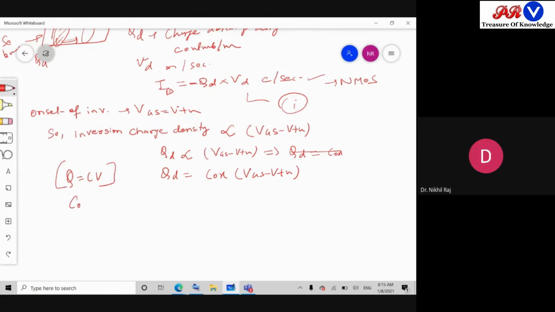Cox is the oxide capacitance, which is given by epsilon ox by Tox, and it is per unit area. So to counterbalance, we will multiply with the dimension W. So what will the coulomb become? It will become coulomb per meter. So this is the QD charge in the channel when the VGS voltage is more than the threshold voltage. So we got this QD expression.